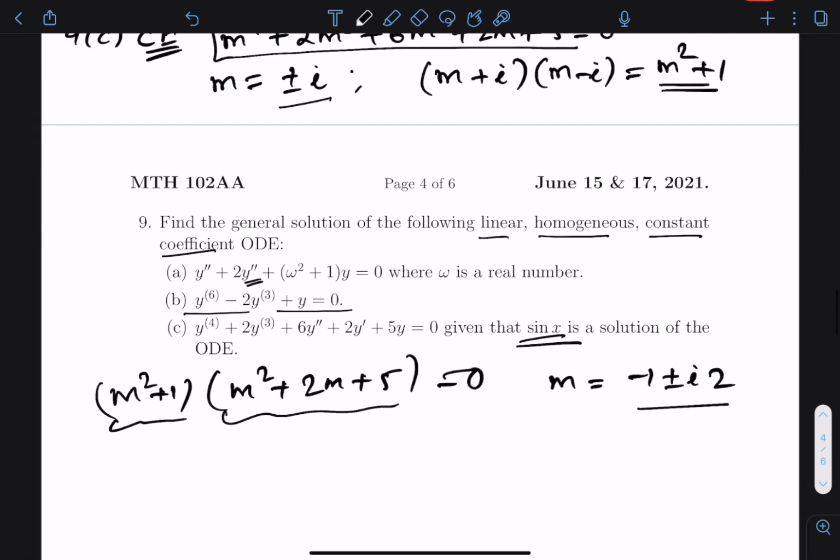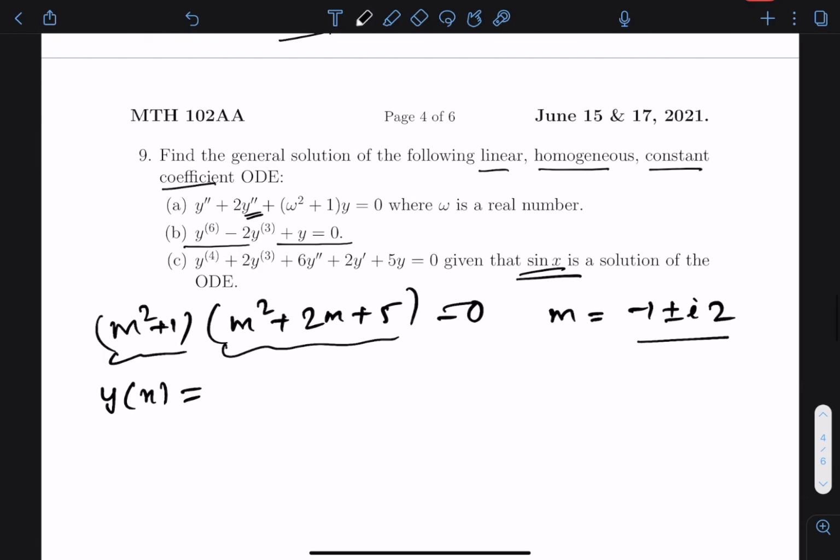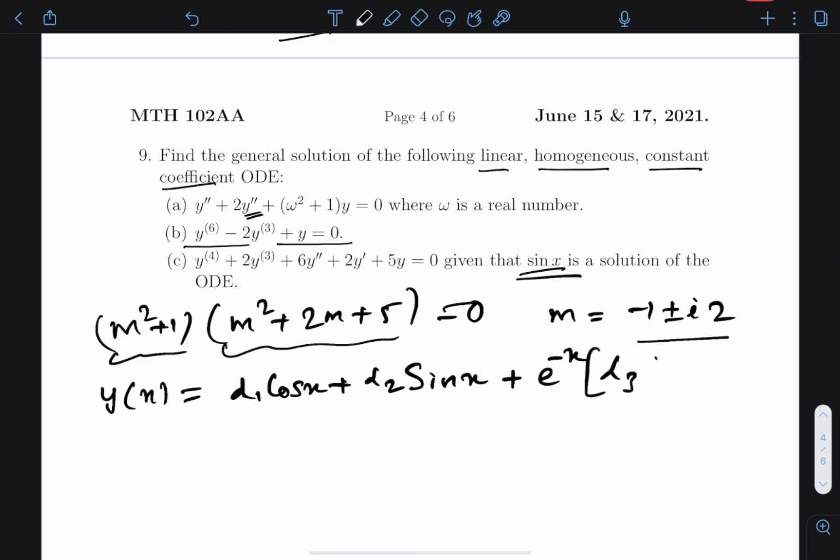So what is the general solution to it? Corresponding to plus or minus i, you get alpha 1 cos x plus alpha 2 sin x, plus e power minus x times alpha 3 sin 2x plus alpha 4 cos 2x.